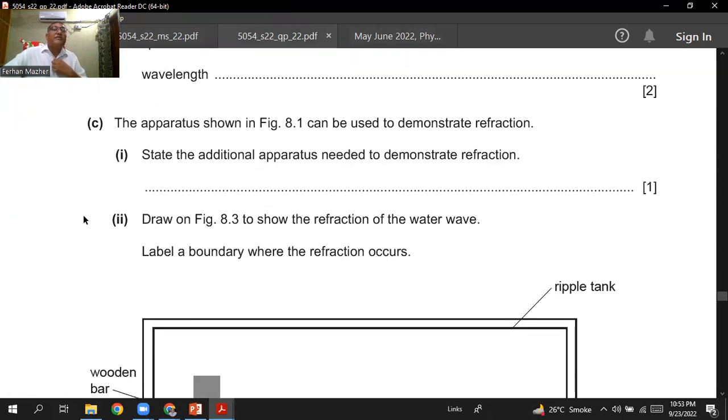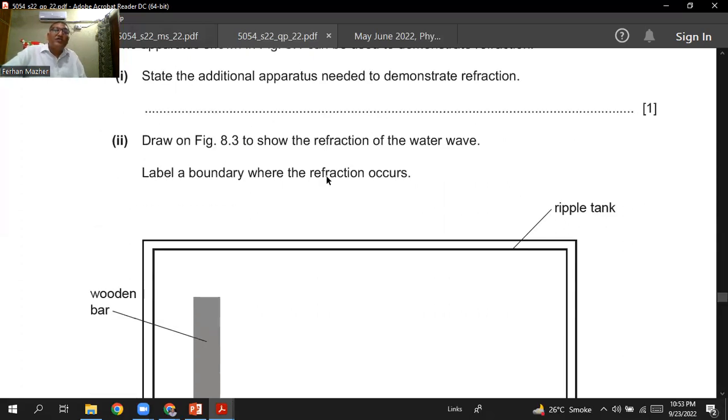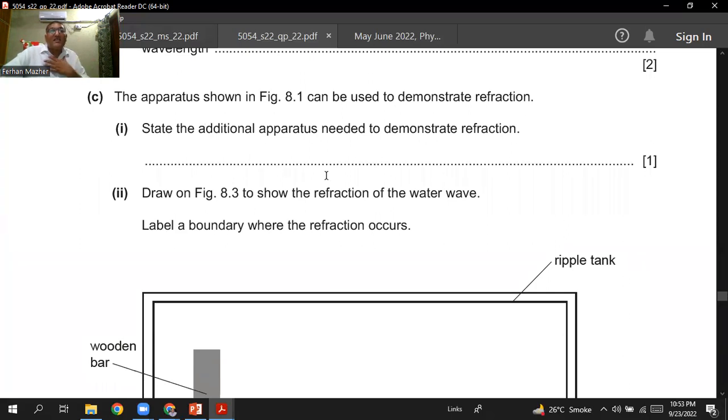He says, part C: the apparatus shown in figure 8.1 can be used to demonstrate refraction. State the additional apparatus used to demonstrate refraction. To produce refraction in a water tank, we need to decrease the depth of the water in this ripple tank. So we require a glass rectangular block which we can put in the ripple tank, and that will reduce the depth of the water in some portion of the ripple tank.